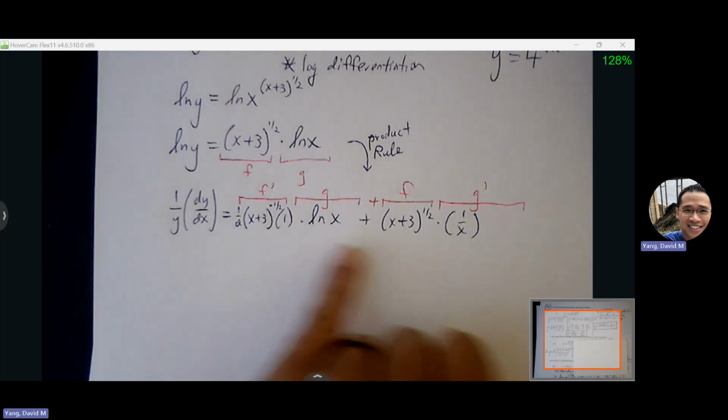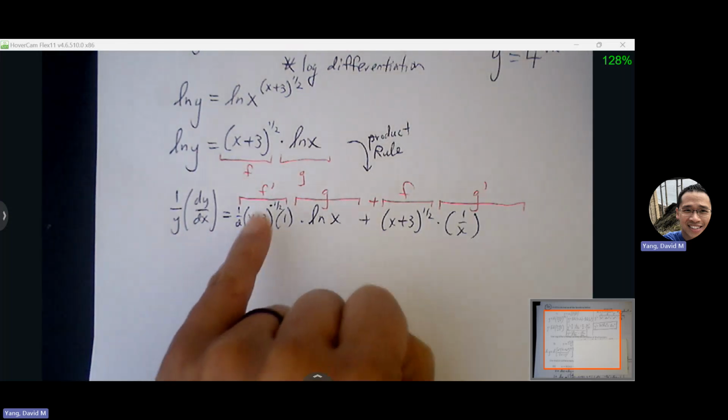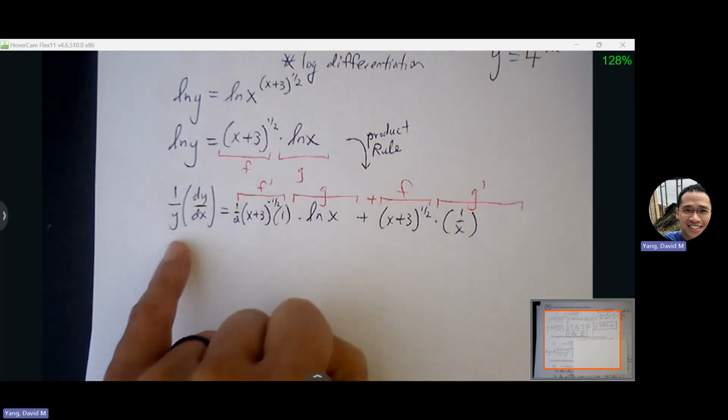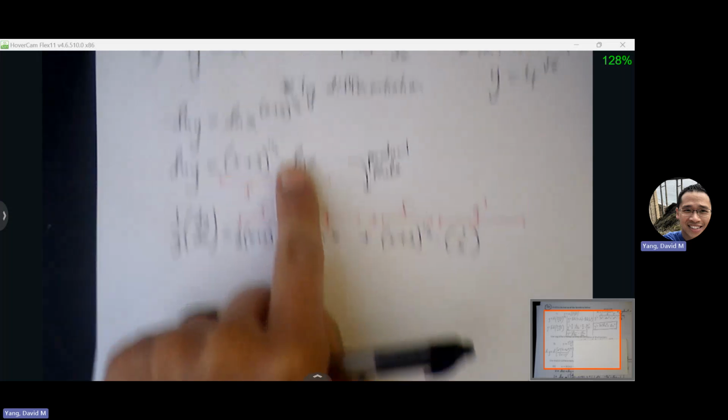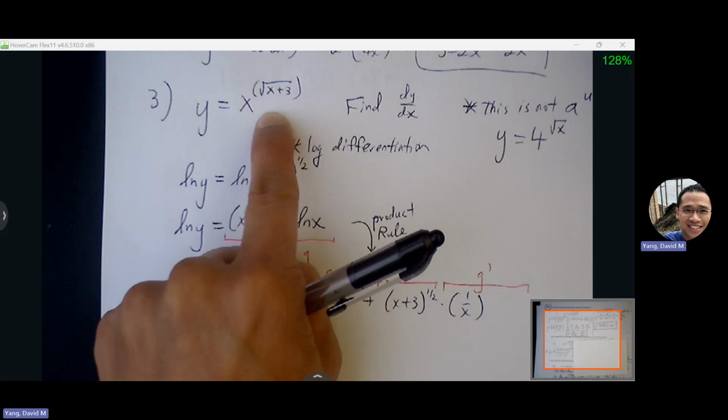Okay, so our derivative process is done. The only thing left to do is move that y over to the right side. And then remember, y is only a temporary variable. With log differentiation, we can replace our y back with our original x variable expression.